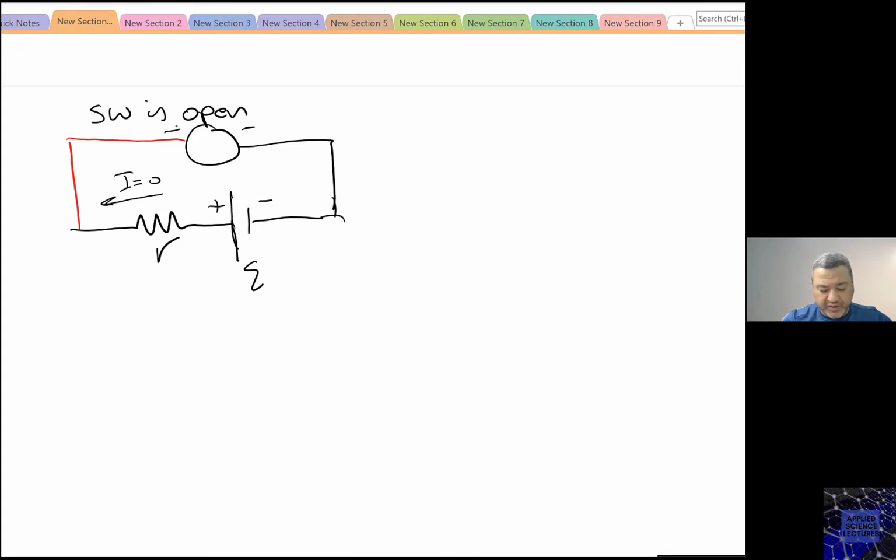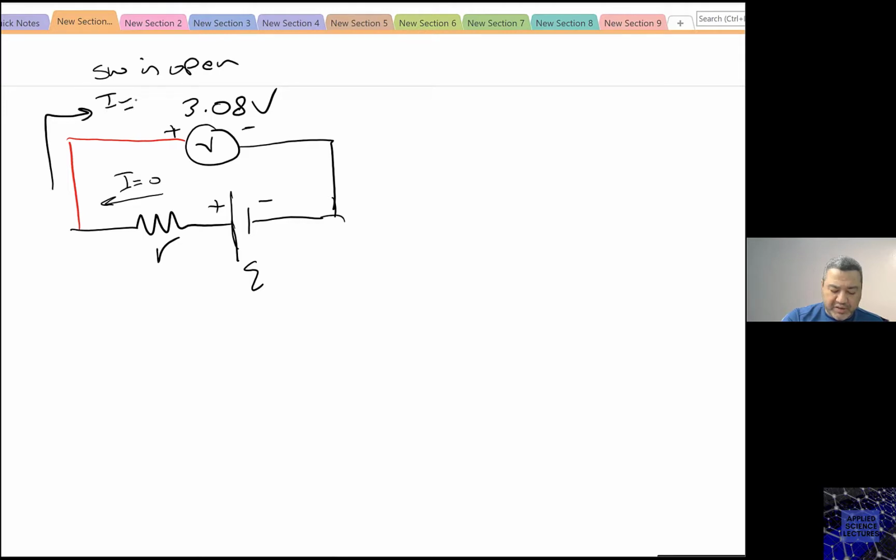So here is positive, negative, and this voltmeter is reading 3.08 volt. So this is very important. Also remember that the current here is zero as well.